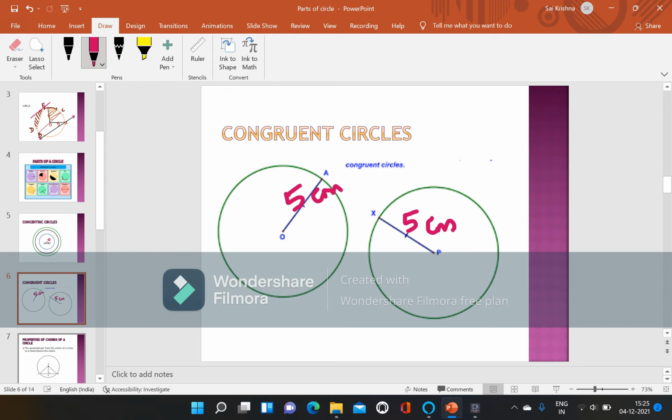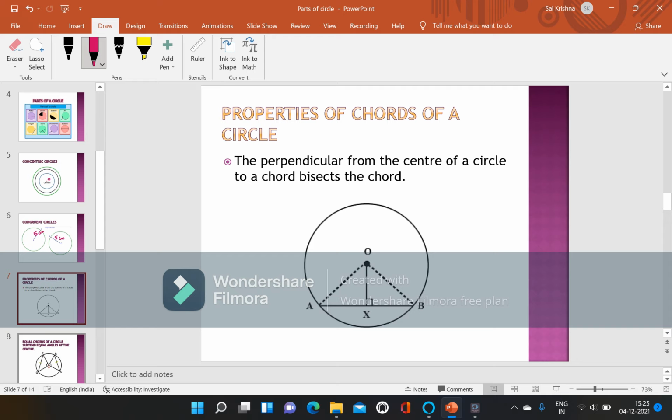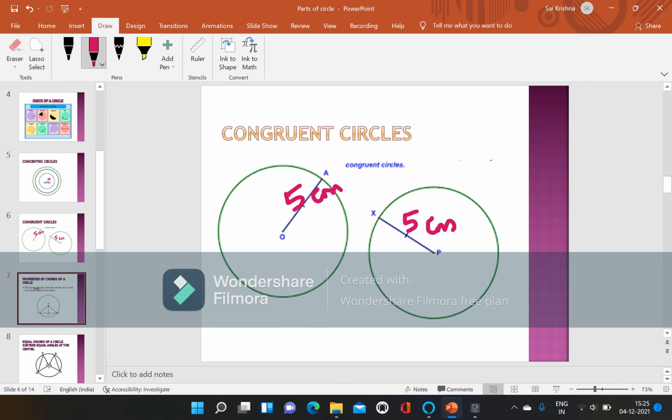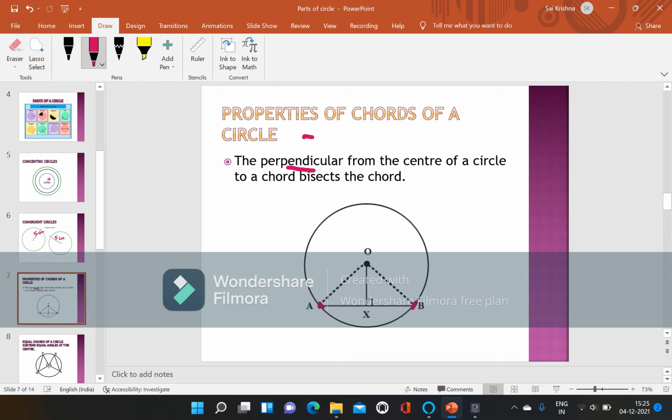Okay, and the next one is properties of a chord of a circle. A chord, as I already said, is the line between 2 points on the circle. Now if we draw a perpendicular, what do you mean by a perpendicular? That means a line which makes a 90 degree angle. So if we draw a line from the center of a circle which makes 90 degrees with the chord, it bisects the chord.